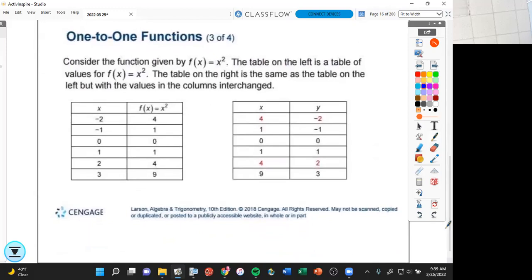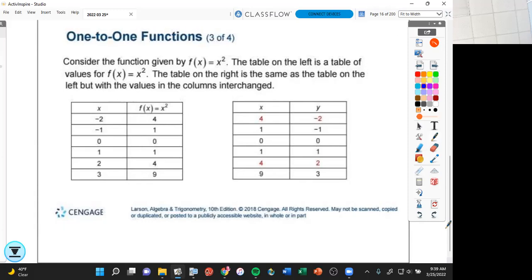Here's x squared. The table on the left is the table of x squared. The table on the right is the same table, but with the values in the columns interchanged. Is this one-to-one? Yes, no. Got a problem, don't we? Okay. So I can take a function and swap x and y, right? Does that make them inverses?